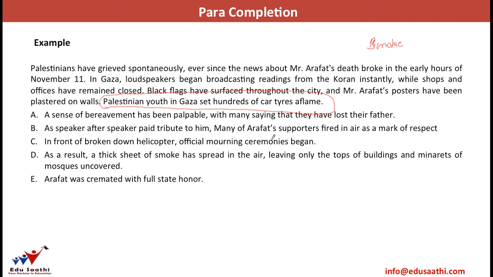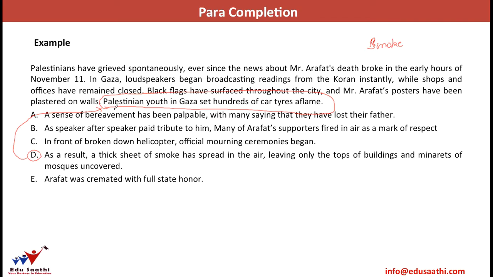As a result, the smoke will spread in the air, leaving the tops of the buildings and minarets and the mosques uncovered. Now, this is in continuation to the penultimate thought, that there were a lot of car tires that were set aflame, that is, they were burned, and since they were burned there was smoke and the smoke rose up, and the entire city was covered with a thick sheet of smoke.